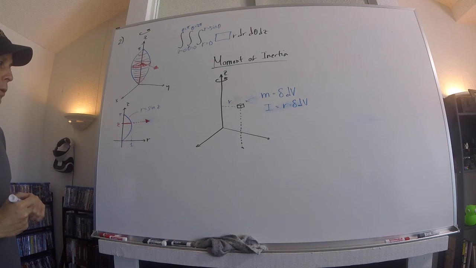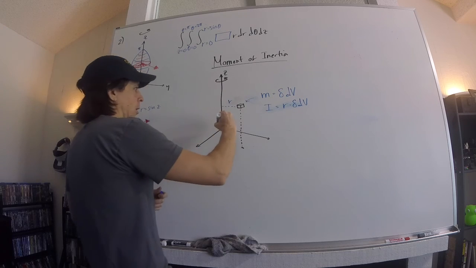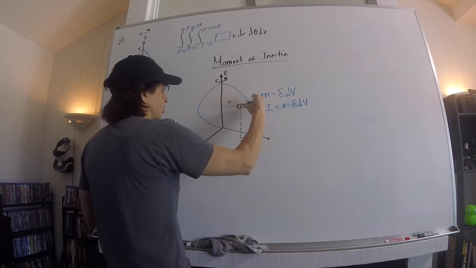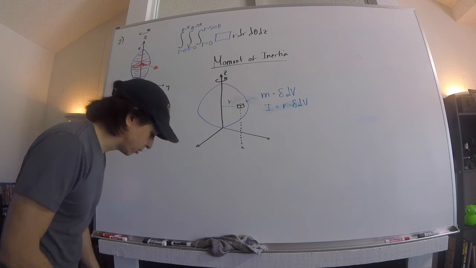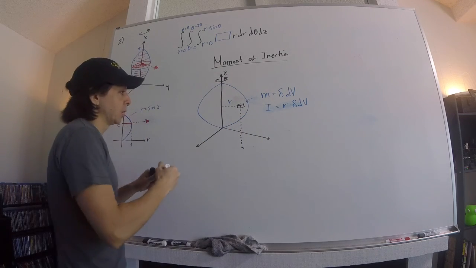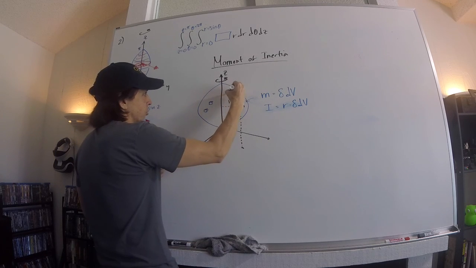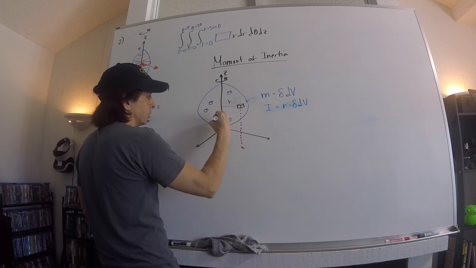And then now what I want to do is integrate all those little pieces. That's just one of many pieces that makes up the football. So now I want to do all the pieces, all of them, all over the place. There's billions of these.